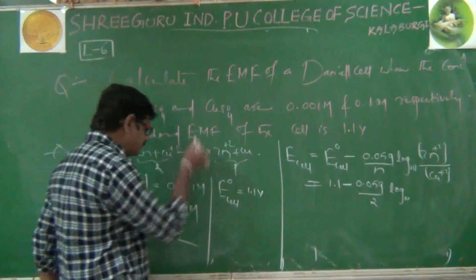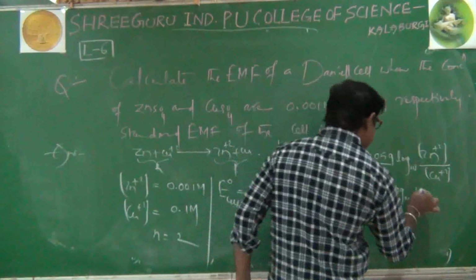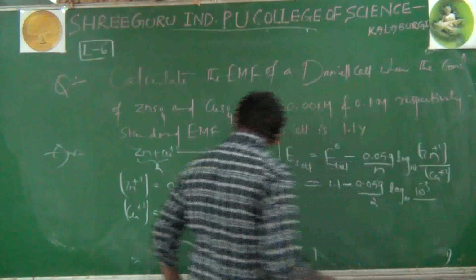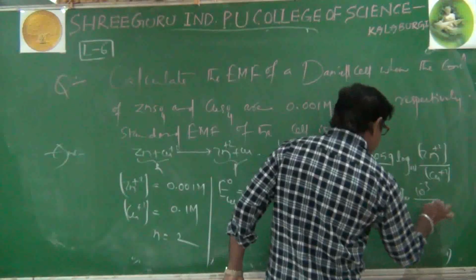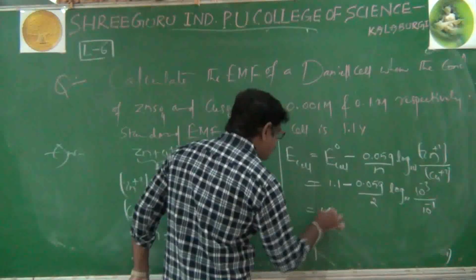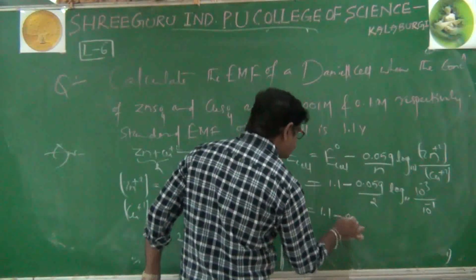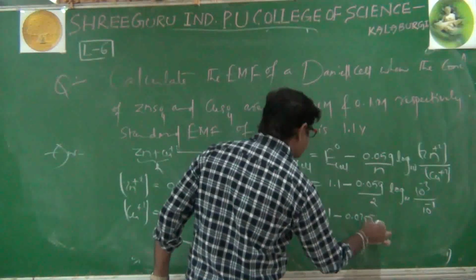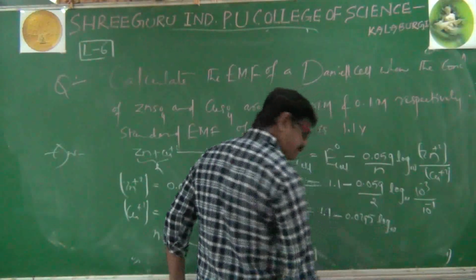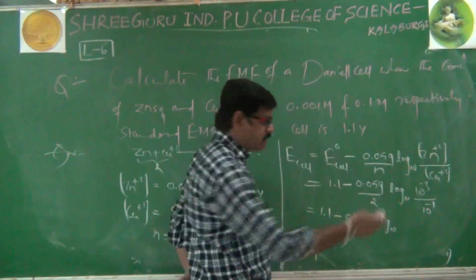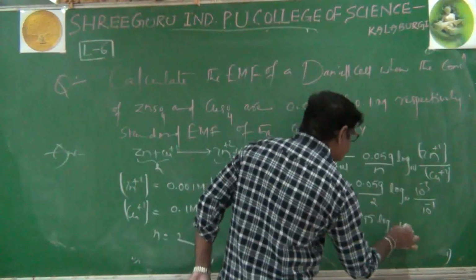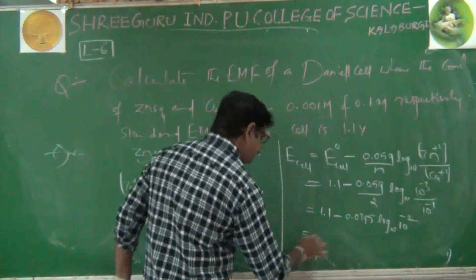We can write 10 to the power of minus 3, divided by Cu plus 2, which is 0.1. 0.1 is nothing but 10 to the power of minus 1. 1.1 minus, if you divide, you will get 0.0295 log base 10. 10 to the power of minus 1, if you shift it to the numerator, becomes plus 1. Minus 3 plus 1, 10 to the power of minus 2.